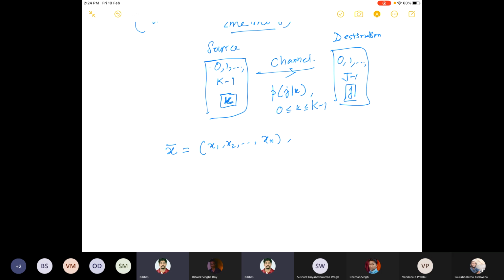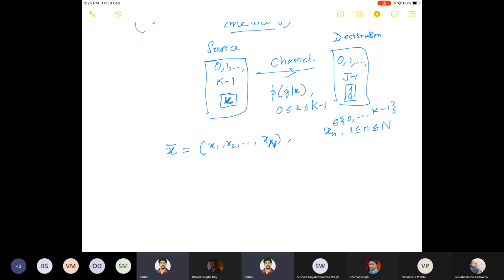Each xn, for 1 less than or equal to n less than or equal to capital N, is some element of the set 0 up to k minus 1.